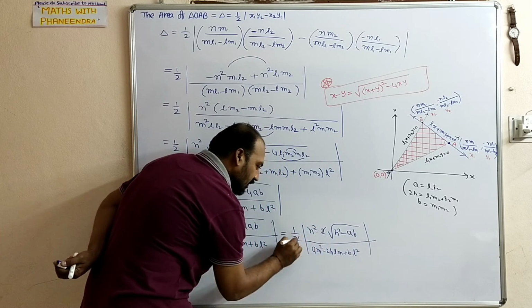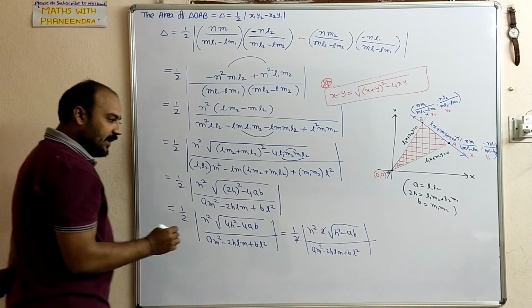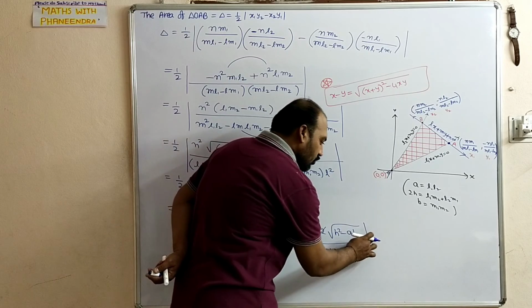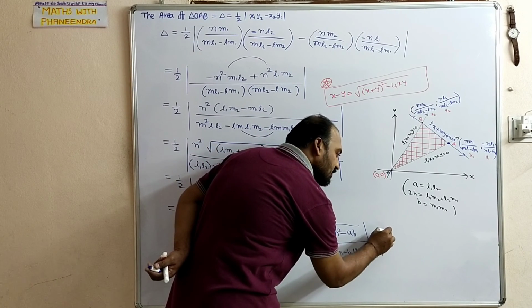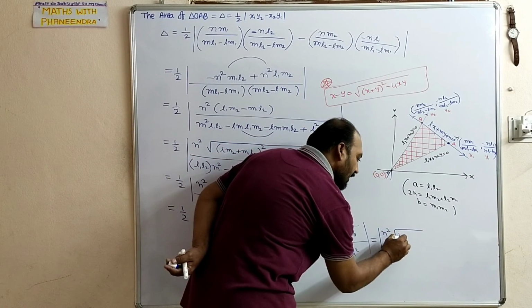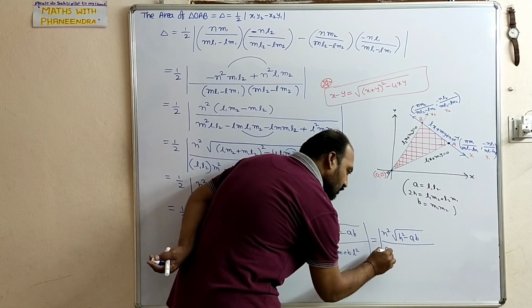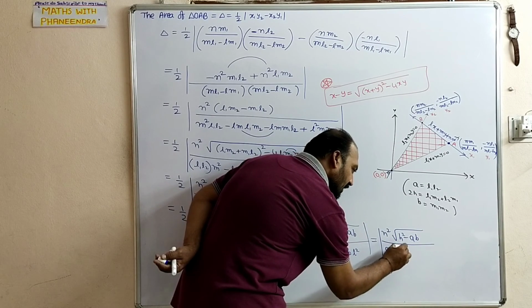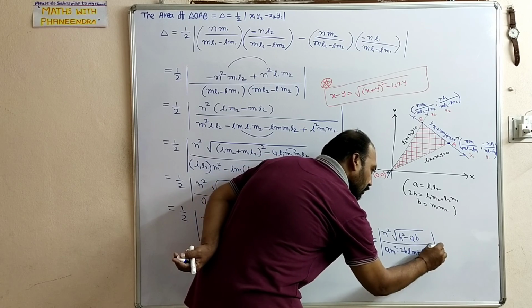So here 2 gets cancelled. We will get the ultimate step. Therefore the area of the triangle formed by the given pair of lines as well as the line lx plus my plus n equal to 0 is n square into root of h square minus ab divided by am square minus 2hlm plus bl square units.